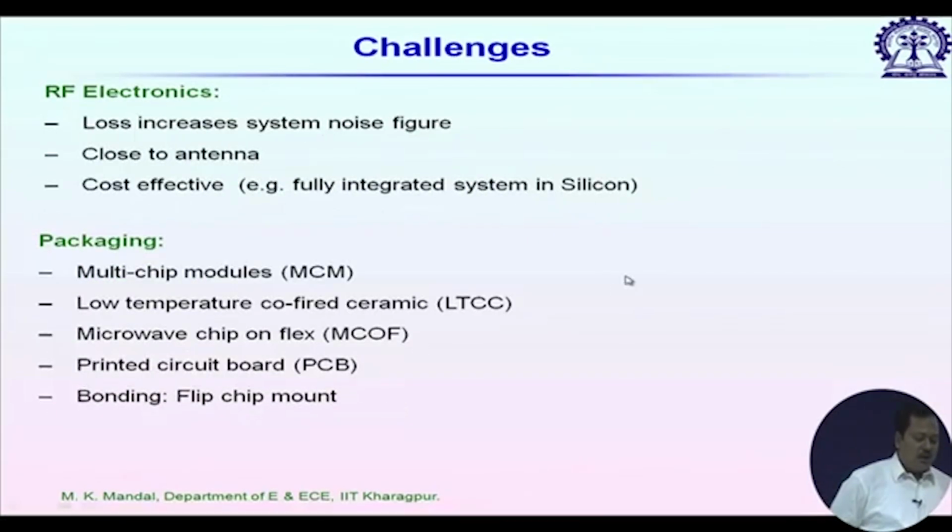Next, the RF electronics part. Loss increases the system noise figure. So, what is noise figure? Okay, let me show you using a diagram. This is another important quantity, noise figure.